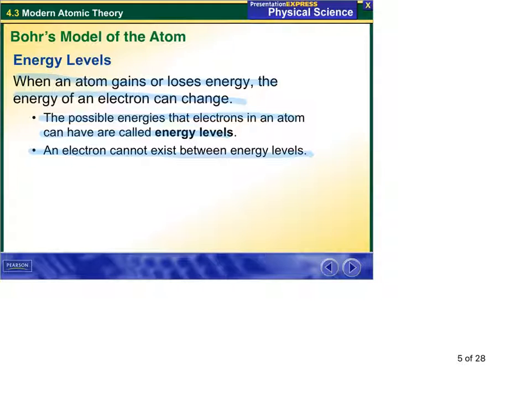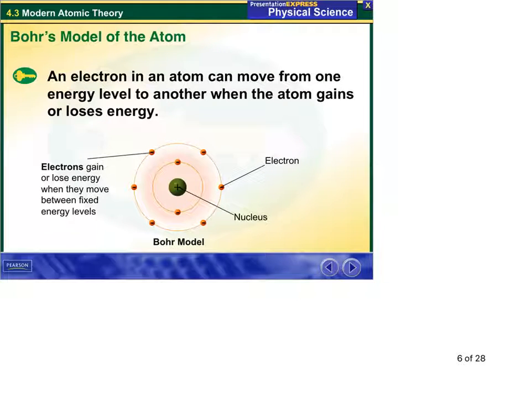It can't exist in between them. Each energy level is associated with an orbit. The farther away you move from the nucleus, the higher the energy. Electrons in an atom can move from one energy level to another as the atom gains or loses energy.